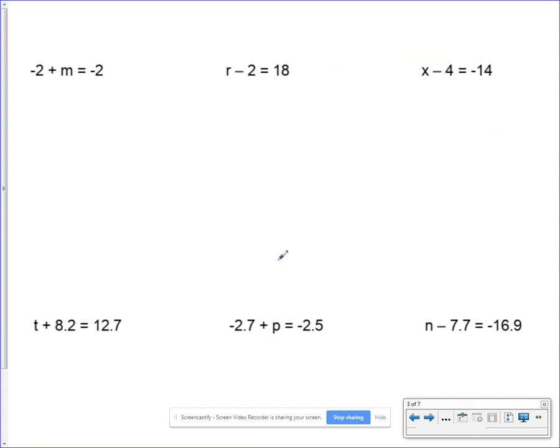Let's cruise and do a couple more examples here. Let's look at this first one, just because it looks a little different. Here's my variable, and I've got this -2 sitting here. Now, if you're focusing on this operation, I'm adding, then you would say, well, then I need to subtract -2. That looks kind of funny, doesn't it?